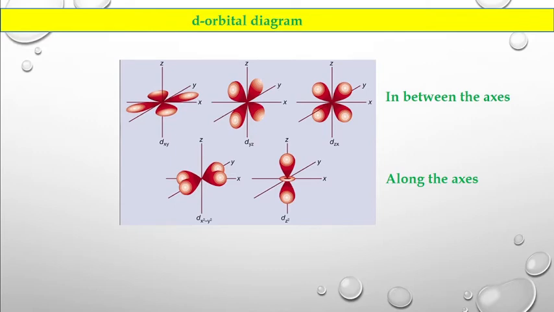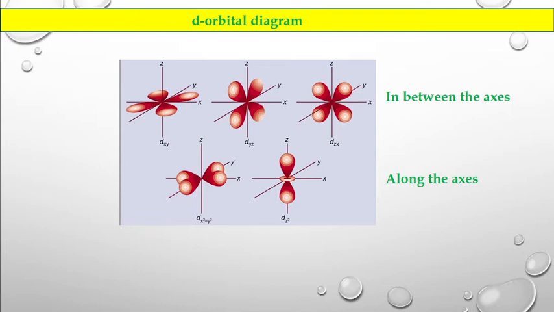Now, before going to discuss the crystal field theory, first we need to know the shape of d orbitals and what the lobes are, in which directions, along which axis. We know that there are 5 d orbitals, and among these, two orbitals, dx square minus y square and dz square, lie along the axes.